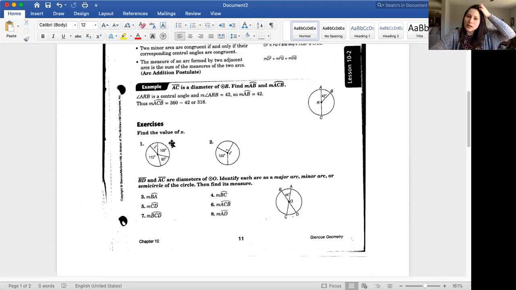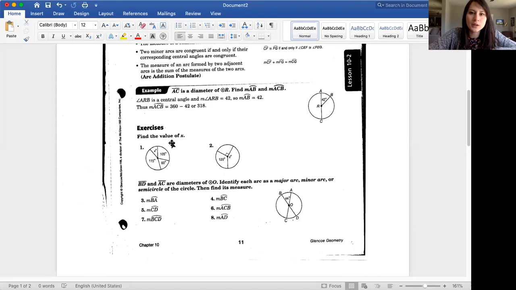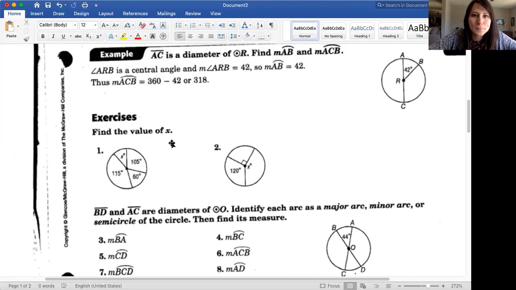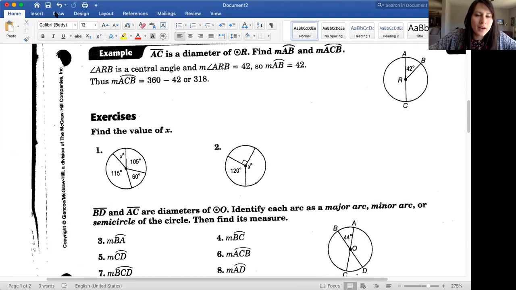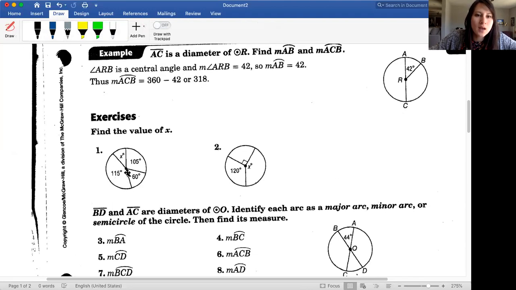And we're just going to take a look at numbers 1 and 2 here. If we know that number 1, all these angles are given to us, and we're missing angle x, well, we know the sum of all these angles has to be 360 anyway, so we could just do 360 minus all of these angles. So you could subtract consecutively 115 minus 105 minus 60.